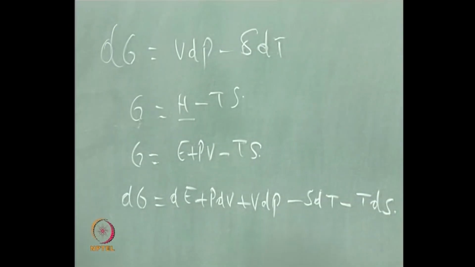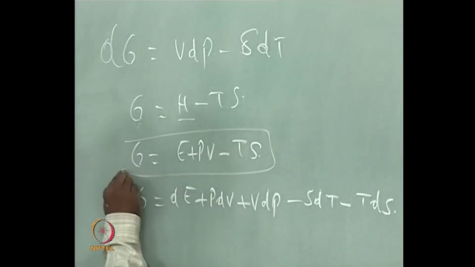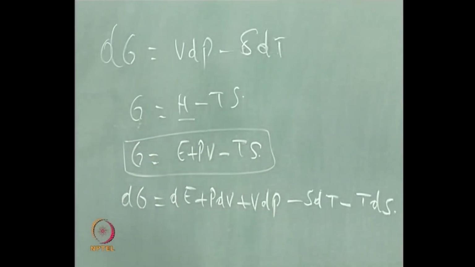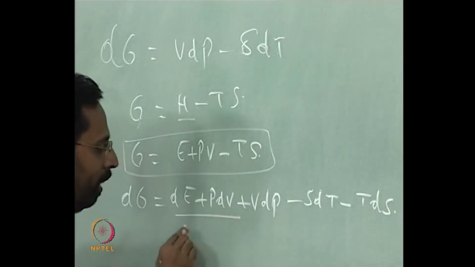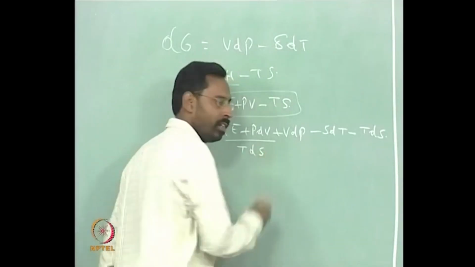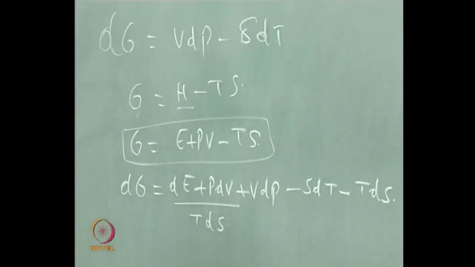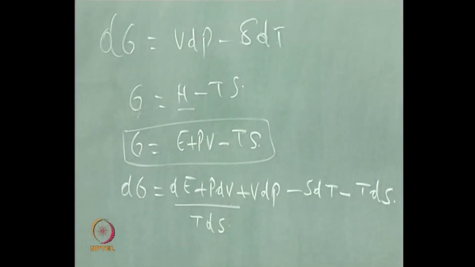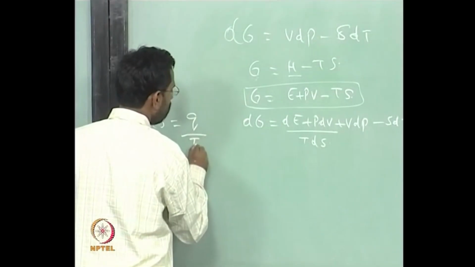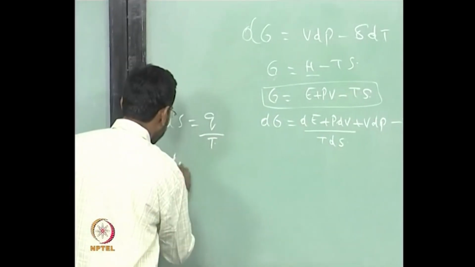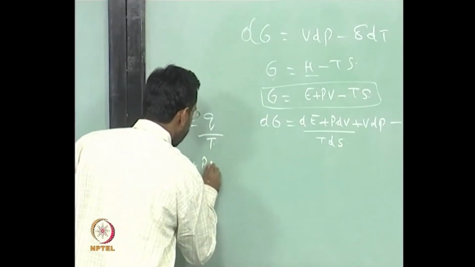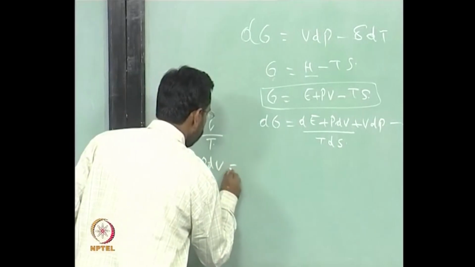Once you have this expression, we basically take the differential of it, and once you do that, we know that dE plus PdV is TdS. That is the basic definition from the second law of thermodynamics, because you know that dS is equal to q by T, and dE plus PdV is equal to q.